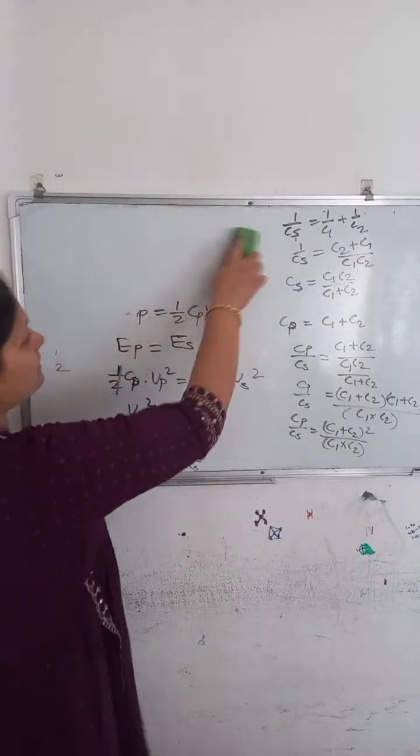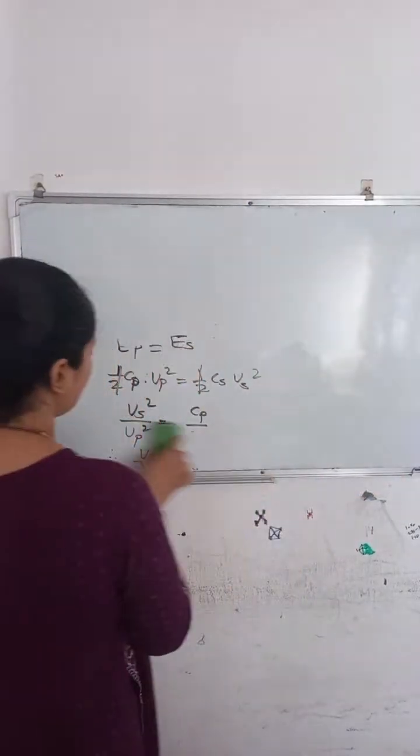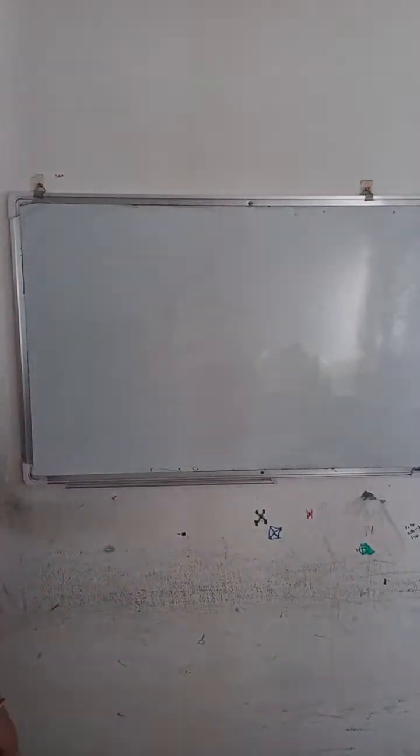The charged capacitor has capacitance C and the uncharged capacitor also has capacitance C. Now find out the energy ratio stored in the combined system to that stored initially in the single capacitor.